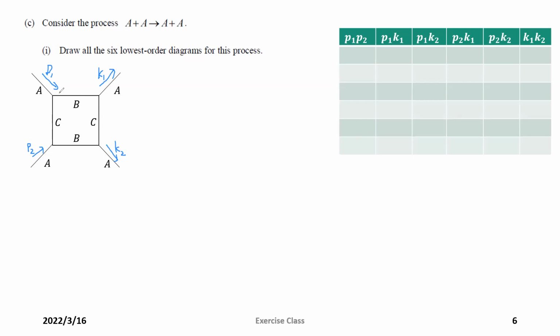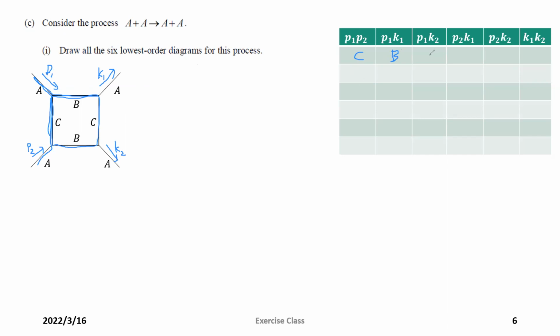So P1 and P2, they are connected by the C. So in general, we also have to consider these connections. Because the shape is symmetric, we can just consider this C here. And P1, K1, they are connected by B. And P1, K2, they are connected by BC or CB.